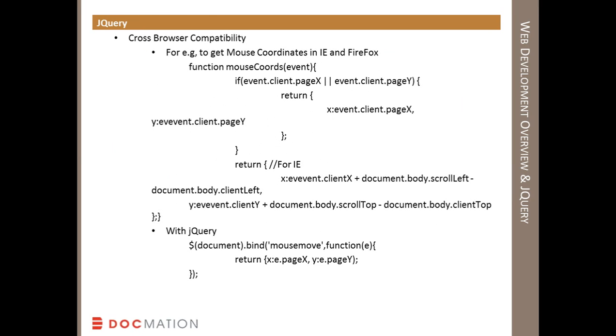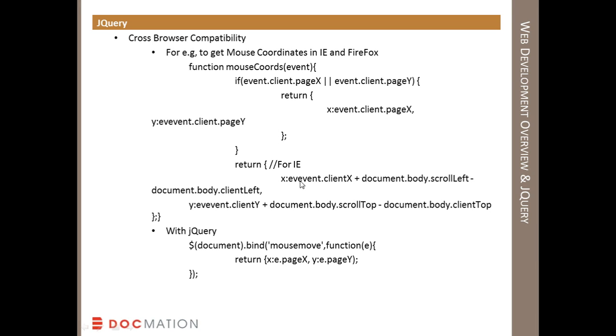So I was telling you the differences between the two, right? For Firefox, if I have to get the coordinates of where your current mouse is, I would have to say event.client.pagex to get the left side coordinates. For getting the top coordinates, I would need to say event.client.pagey.